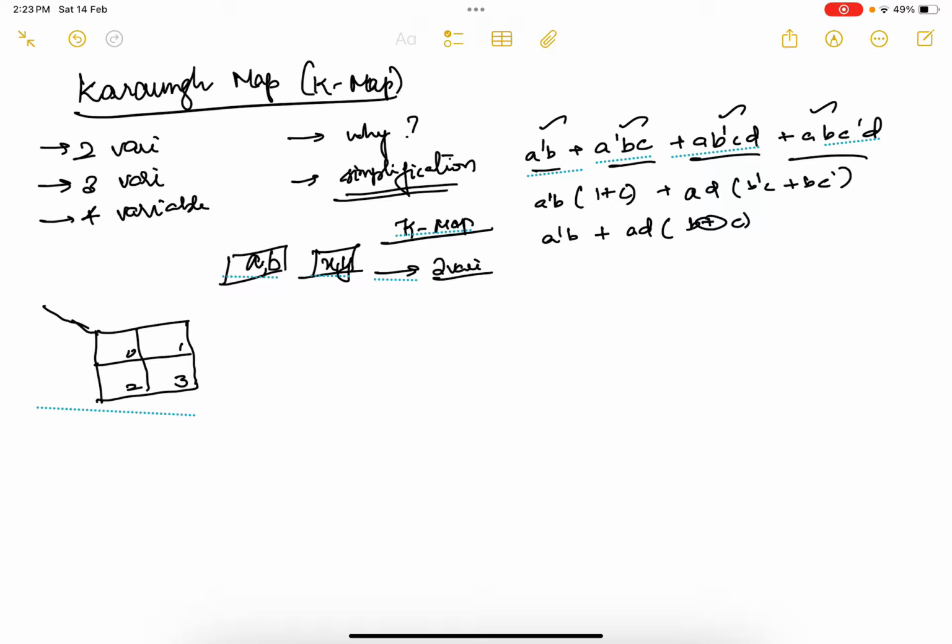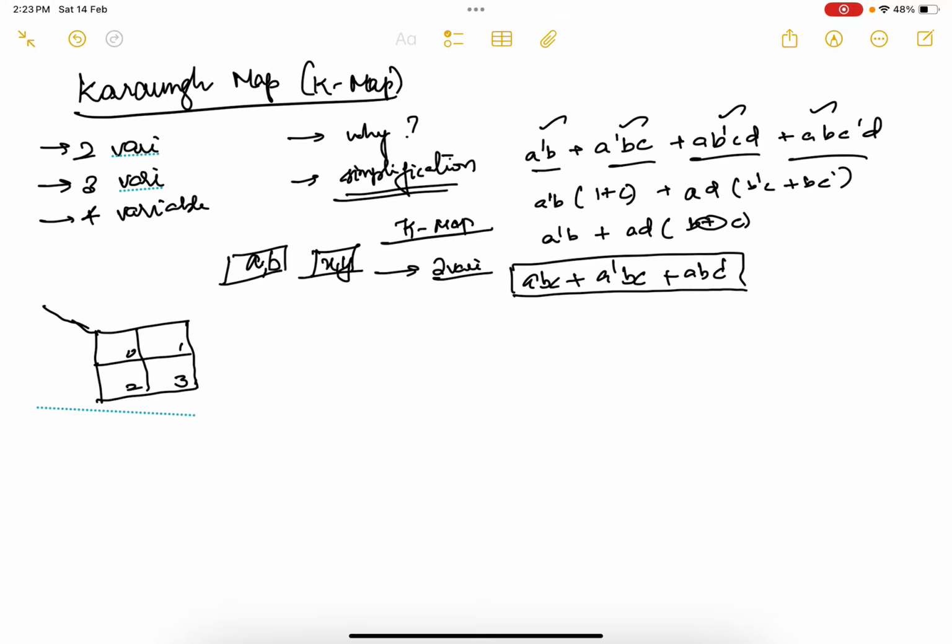If I want to go for a three variable function, for example, if an expression is like this, a b c dash, one of your given expressions, there are three variables a b c.